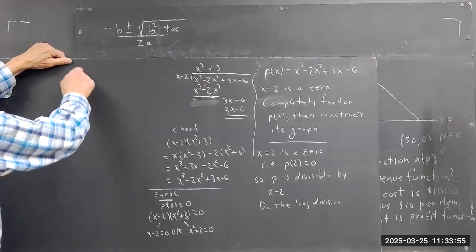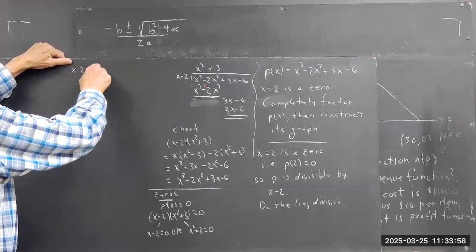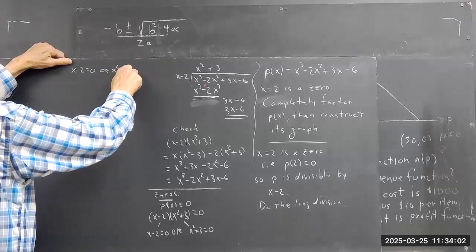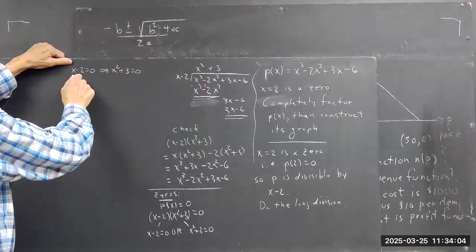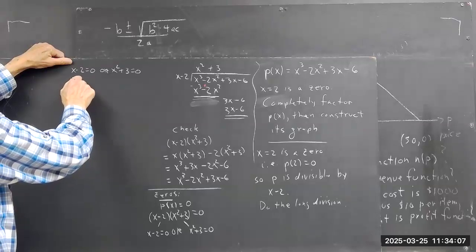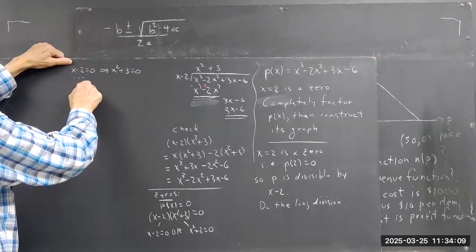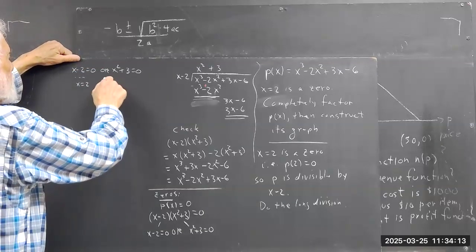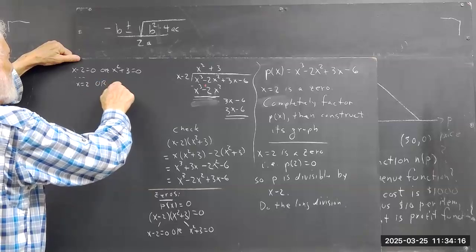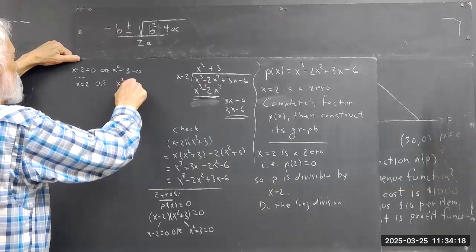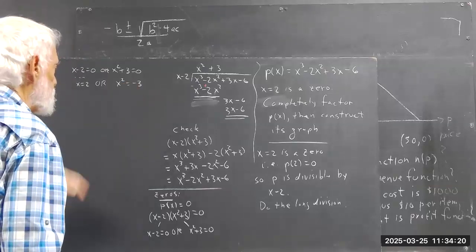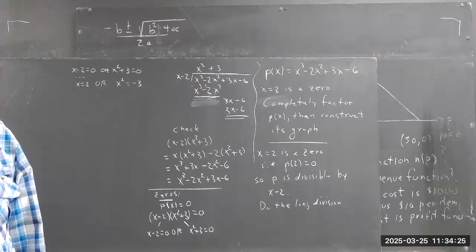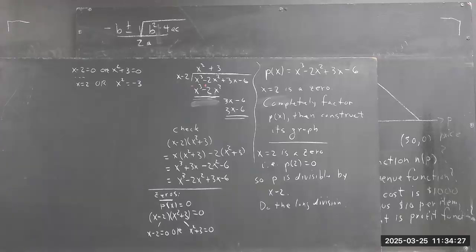Okay, so let's see, we've got x minus 2 equals 0, or x squared plus 3 equals 0. Okay, well, x minus 2 equals 0 obviously gives us x equals 2. How do we solve x squared plus 3 equals 0? Well, we can subtract 3 from both sides. We get x squared equals negative 3. Okay?